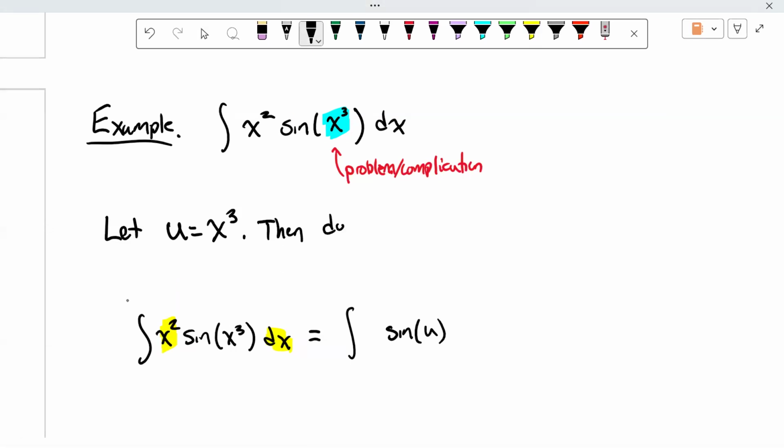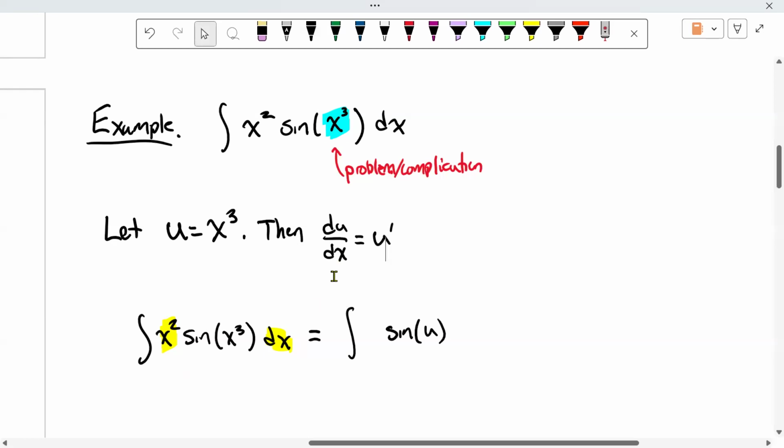We have two different notations for derivative: one is u prime, and the other is du over dx. I'm going to use the du over dx notation. And so what's the derivative of x cubed? 3x squared. Beautiful.